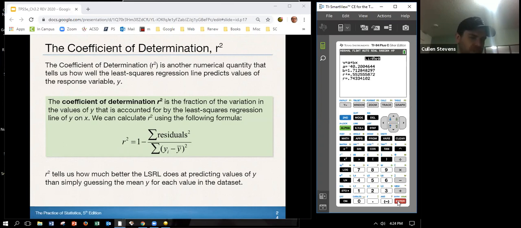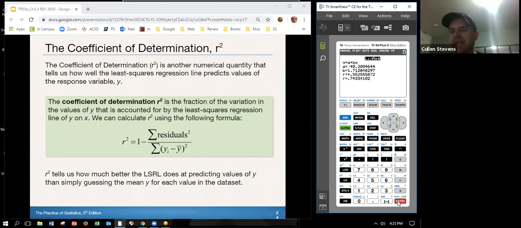It's called the coefficient of determination. If you're looking for a cooler variable than that, you just need to stop. There really isn't one. The coefficient of determination is the fraction of the variation in the values of y that can be accounted for by the least squares regression line, the relationship between that y and x.